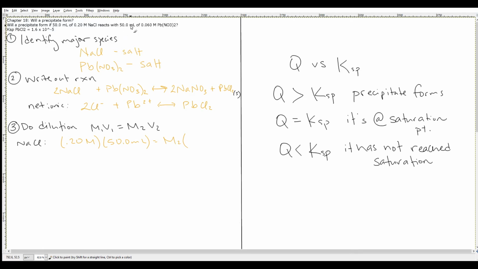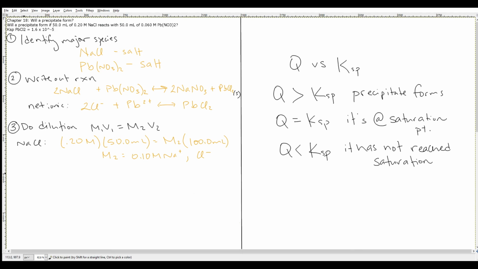It reacts with 50 milliliters of something else. So with means we're adding them together, so I end up with 100 milliliters. So I end up with an M2 of 0.10 molarity sodium, as well as chloride, because they're 1-to-1 within sodium chloride.